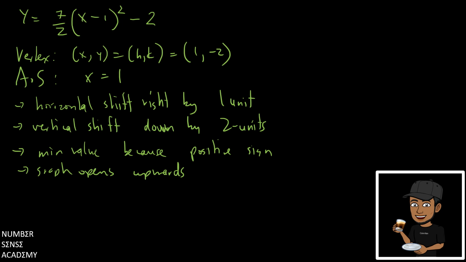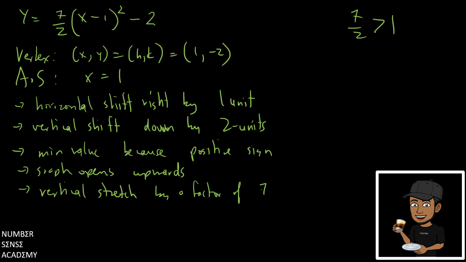Okay. Now the 7/2 is bigger than 1. So we have a vertical stretch or a horizontal compression by a factor of 3.5 or 7/2.